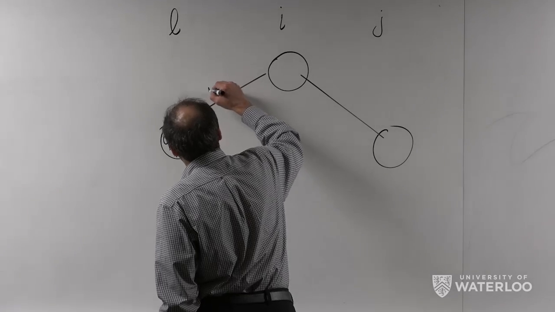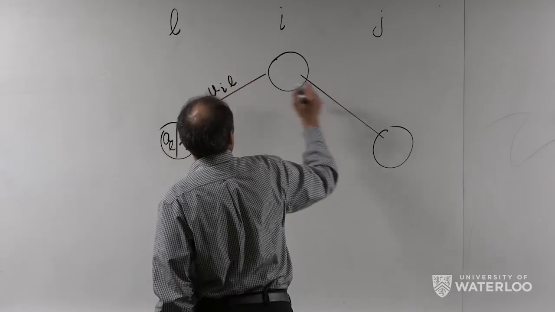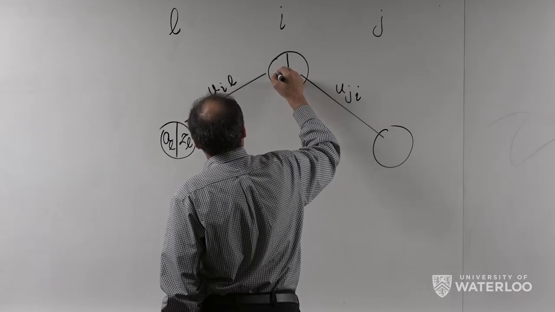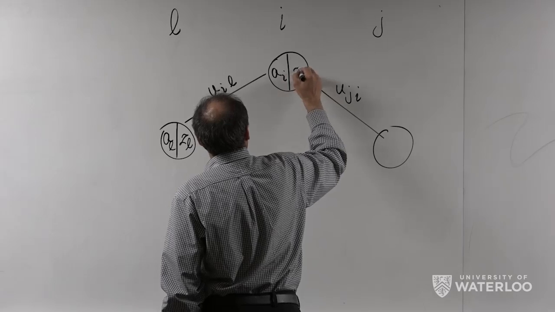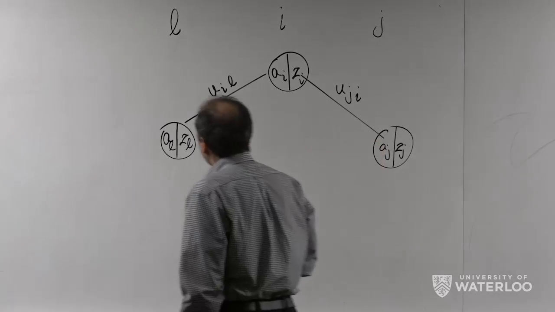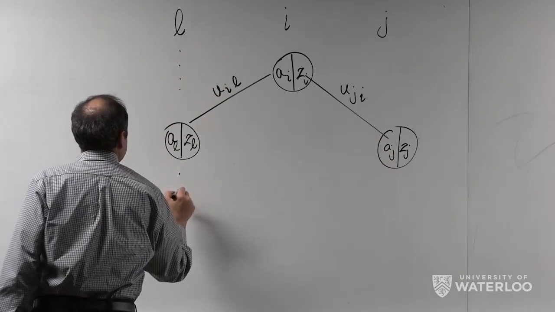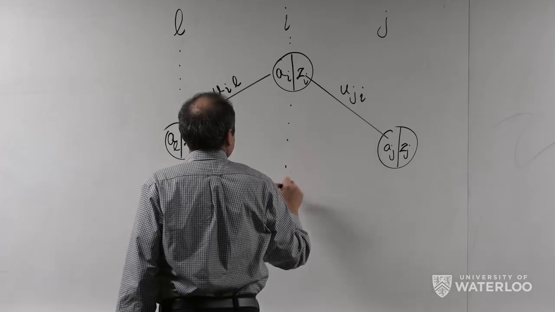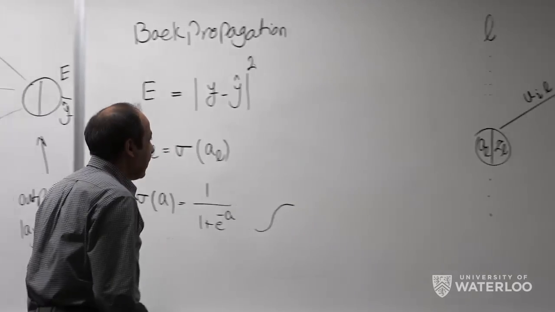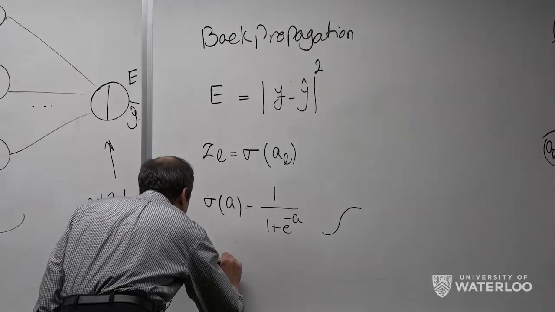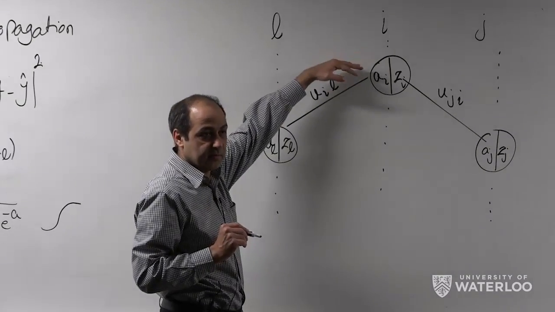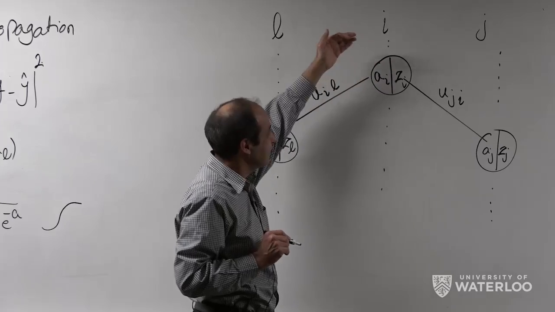So this weight, I will call it UIL. So this weight is UJI, and this has AI and ZI, and this has AJ and ZJ. And there are many of these perceptrons in each layer. Each of these A's is basically a linear, weighted sum of the output of the previous layer, right?